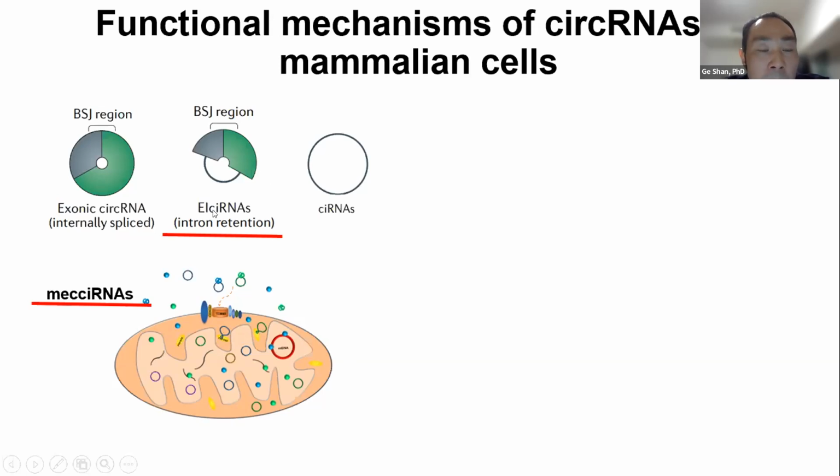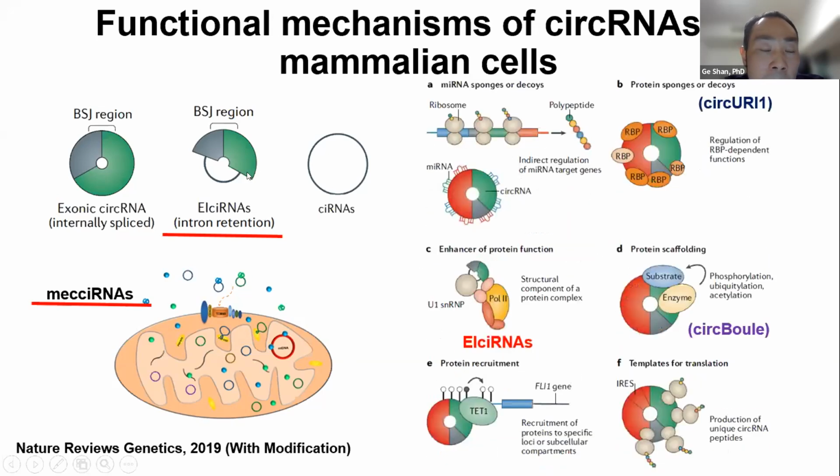Pretty much these two subclasses were identified by my lab, so I talked more about them. At the molecular level, EcRNA promotes transcription, circBoule RNA functions as a protein scaffold, and circRNA1 functions like a protein decoy to regulate the function of RNA binding proteins.